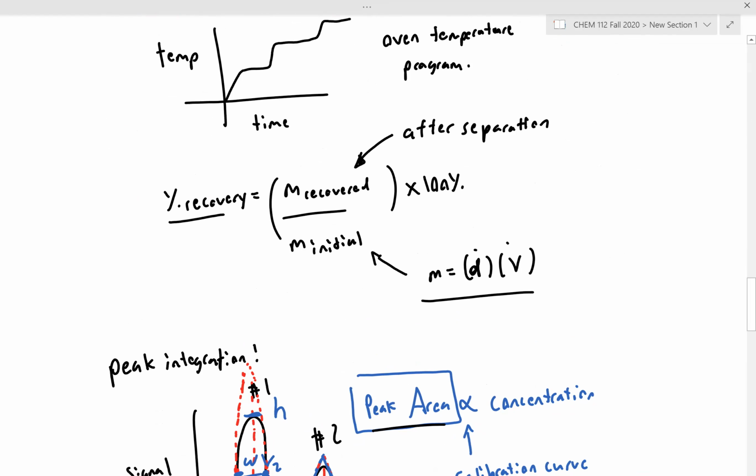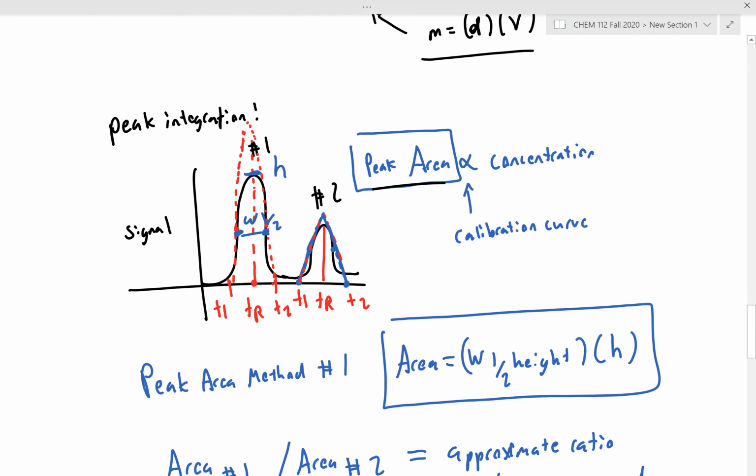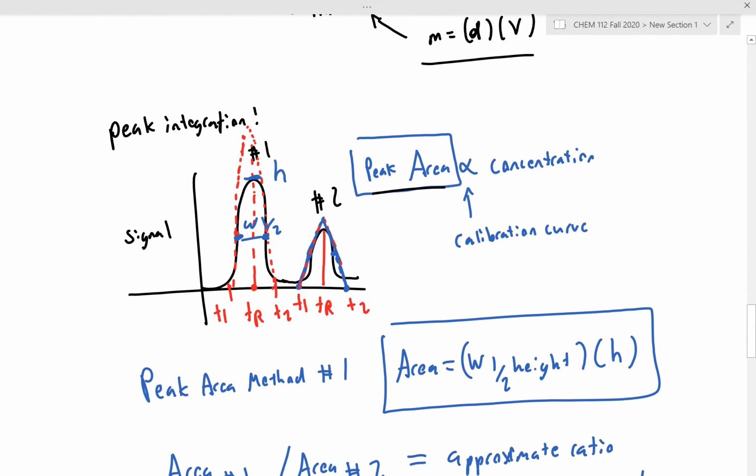Now, in addition to calculating the percent recovery, we can also utilize our peak area to approximate and estimate the mass of sample recovered from this separation. We know that the peak area is roughly proportional to the concentration or mass of sample.